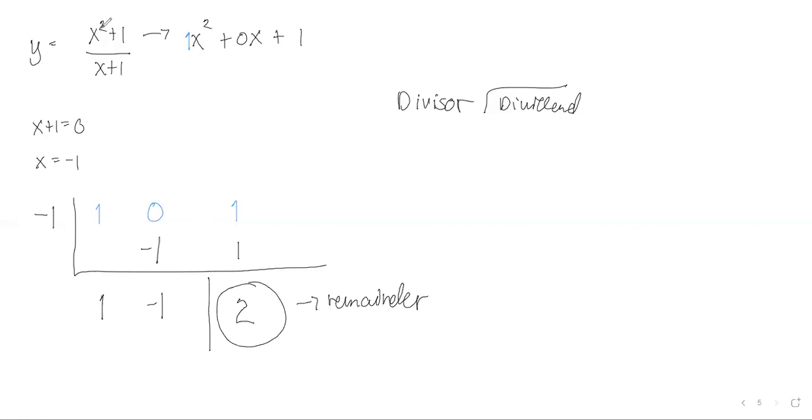Kasi mababawasan to ng isa. So, from x squared, magiging x to the first na lang siya. Then, ito na yung constant. Di ba? So, ibig sabihin, kapag dinivide mo raw ang x squared plus 1 sa x plus 1, ang quotient niya ay x minus 1, right?